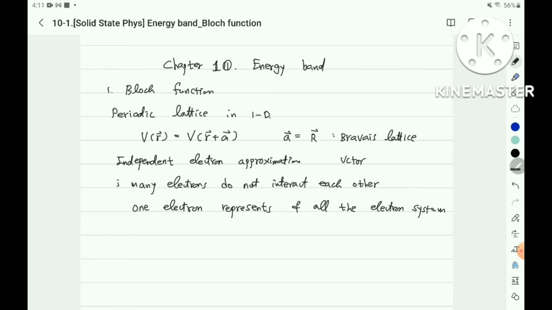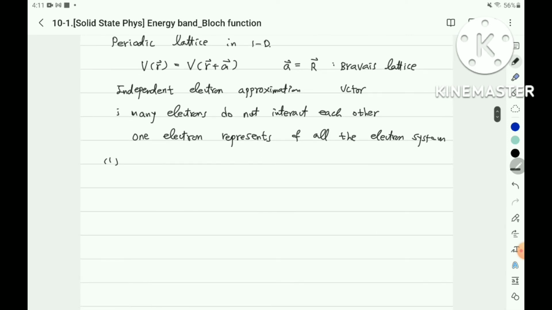Therefore, in this case, we should solve the Schrödinger equation of a single electron. This independent electron approximation is a very simple approximation and very effective.